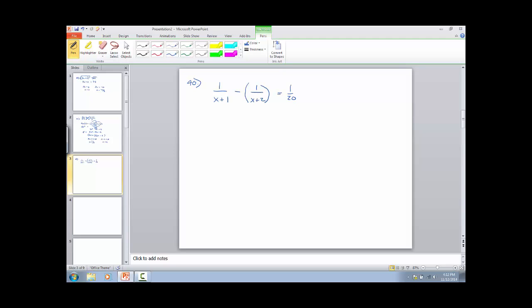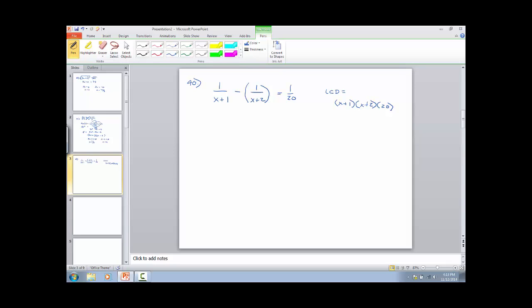Okay, what is our least common denominator? That's going to be the whole thing, isn't it? x plus 1, x plus 2, and 20. Looks like we're going to have some quadratic equations.